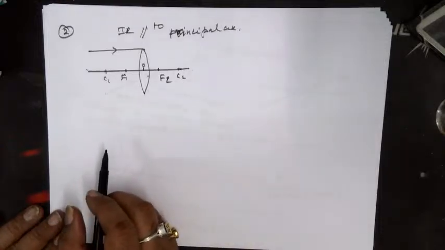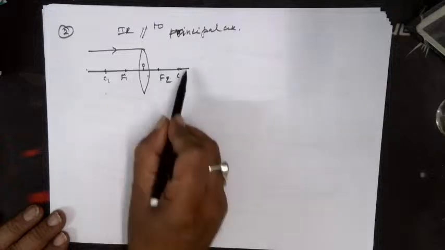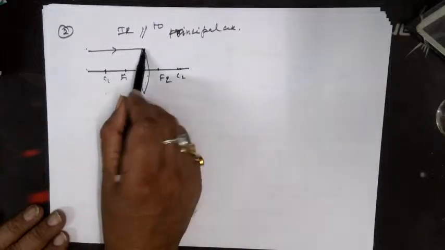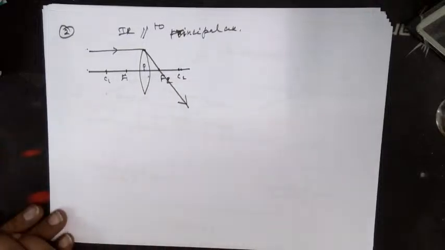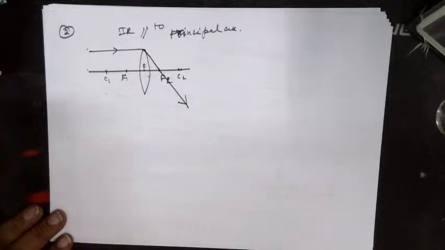It is refracted or converged at F2 when it is from the distant line, like this. Usually light traveling from a distance is parallel from infinity.